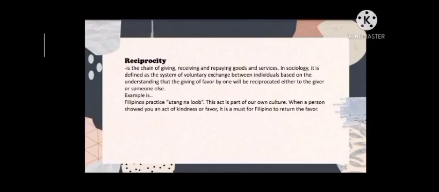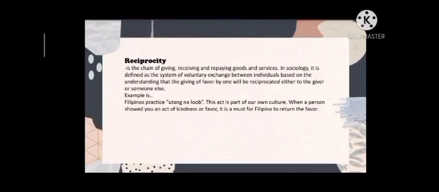In sociology, it is defined as the system of voluntary exchange between individuals based on the understanding that the giving of a favor by one will be reciprocated either to the giver or someone else. Are you familiar with the words exchange or barter? You can connect them with reciprocity to understand it easily.